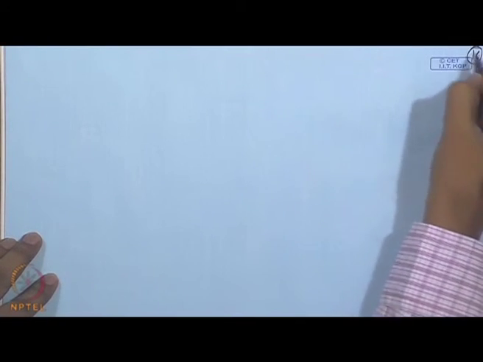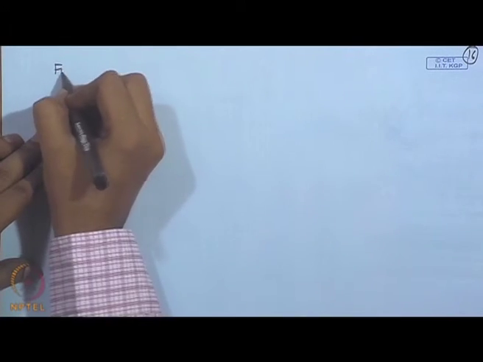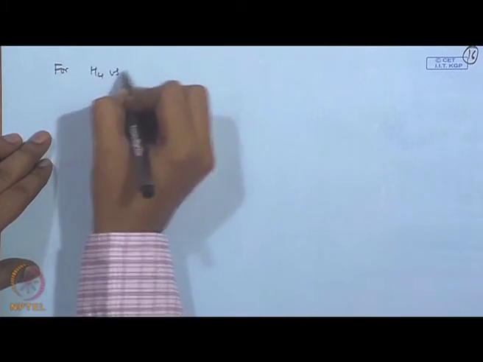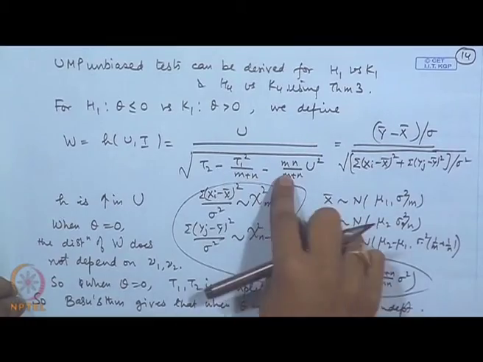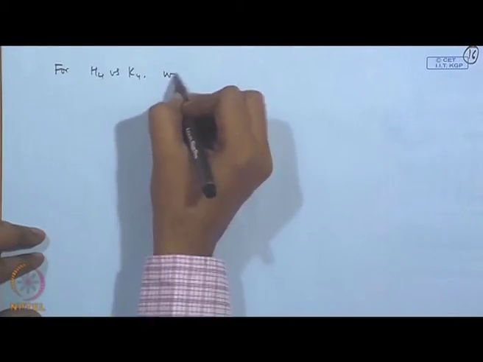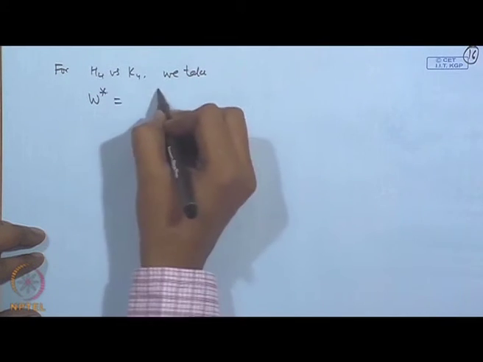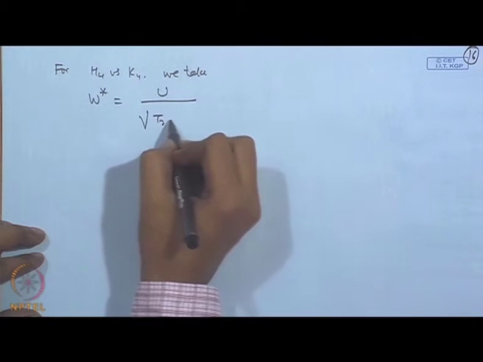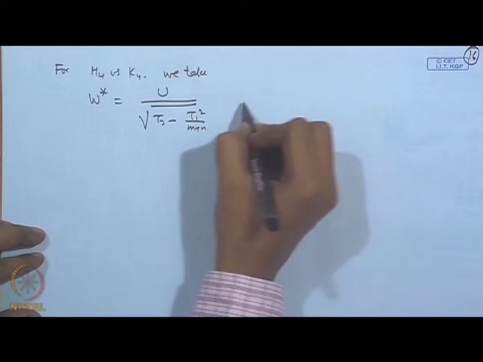Now, let us also look at the H4 problem. For H4 versus K4, this function will not be useful, because this function is not linear in U. So, I modify. We can consider W star equal to U divided by square root of (T2 minus T1 square by m plus n).